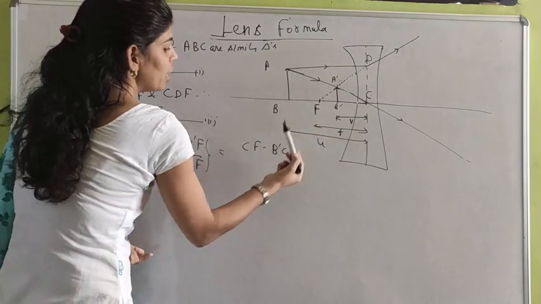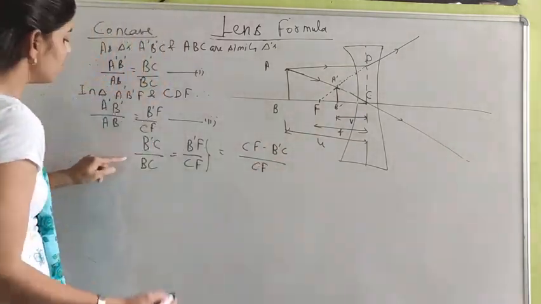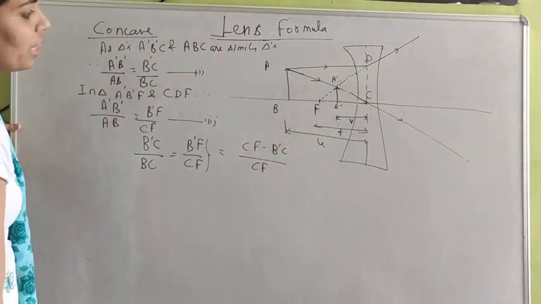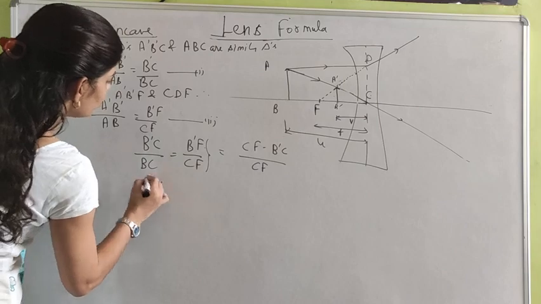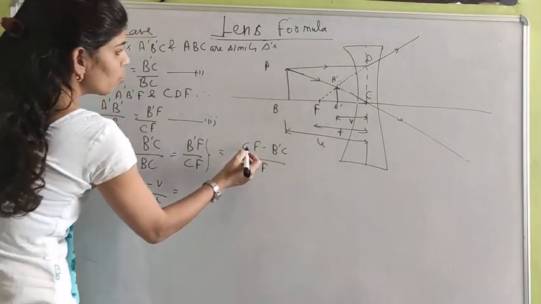So CF minus B dash C over CF, and B dash C is V, but minus of V. So minus of V over BC. BC is U, so minus of U, and this is equal to CF.